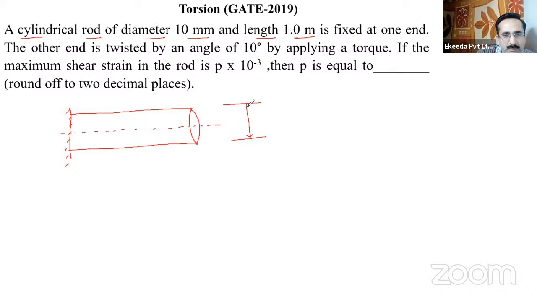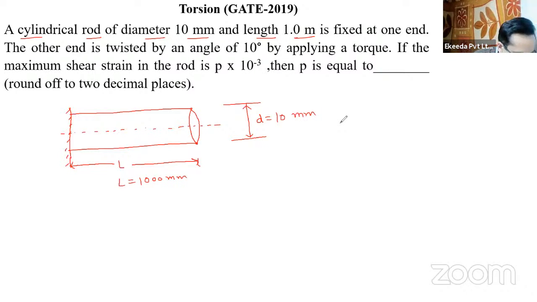So diameter is given to us, it is 10 millimeter, and length is also given to us. So L is given, that is L equal to 1 meter or 1000 millimeter, if we want to use all the values in millimeter.